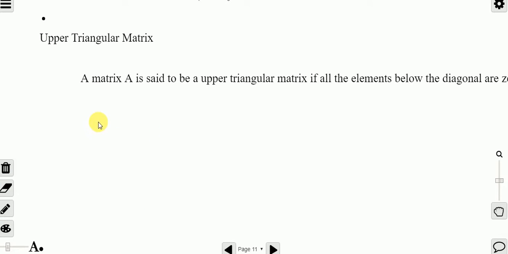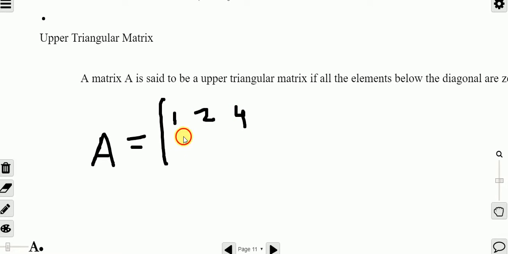Okay, let us write down an upper triangular matrix example. A is 1 2 4, 0 2 3, 0 0 8.